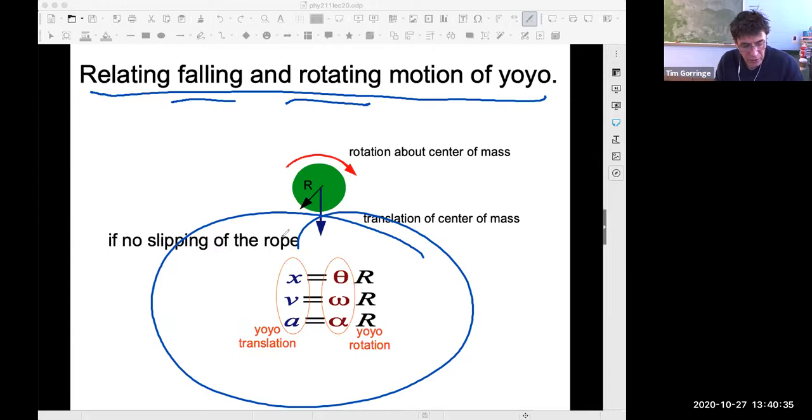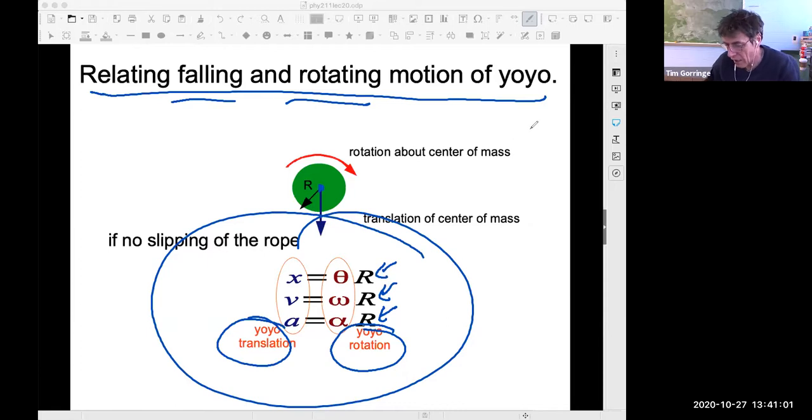In that case, the downwards translational motion of the yo-yo, over here on the left, is related to the rotational motion of the yo-yo about the center of mass through these equations. So for example, the acceleration downwards of the yo-yo is related to the angular acceleration of the yo-yo through the radius of the yo-yo. And so are the velocities, and so are the angles and positions. So that's an important part of this problem.